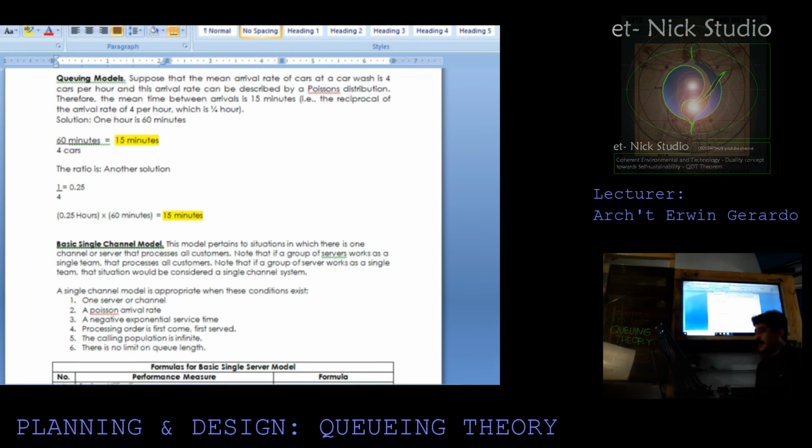So let us use some useful arithmetic way of solving the problem. In 1 hour, there are 60 minutes, and 4 cars enter in an hour.